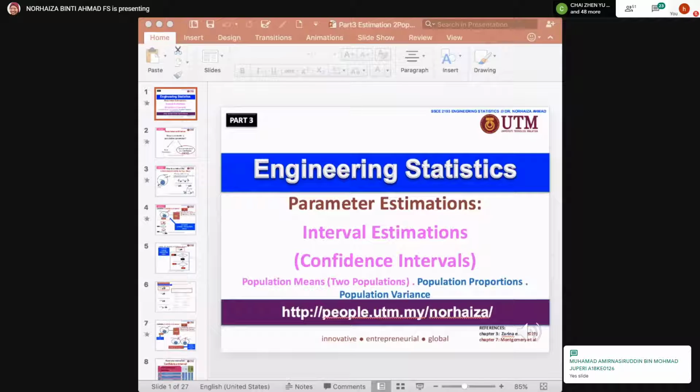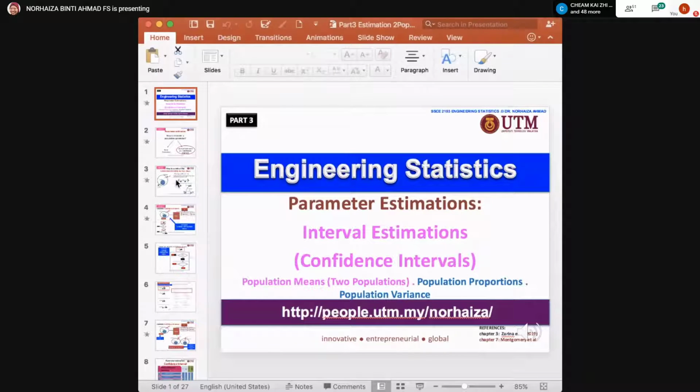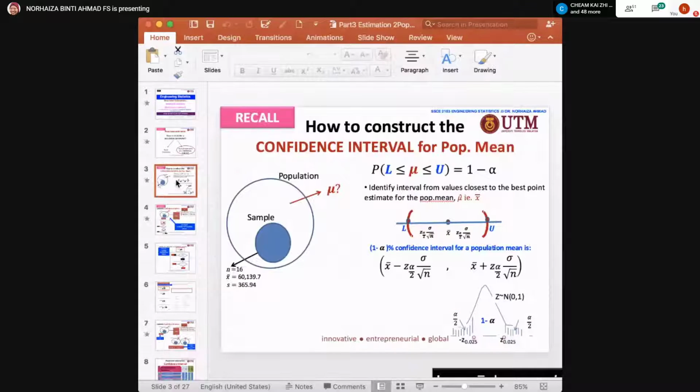So in the last class, we looked at parameter estimations for a single population mean. We have a population, but we do not know the value of the parameter, the population mean mu, and therefore we use the information from the sample to estimate the population mean.